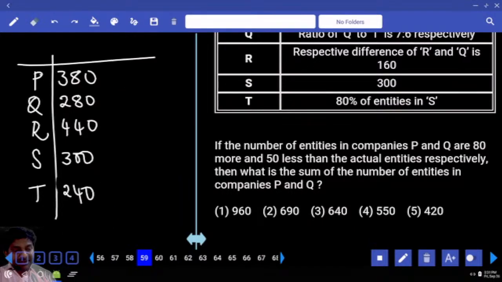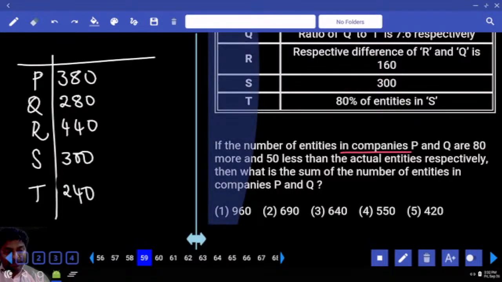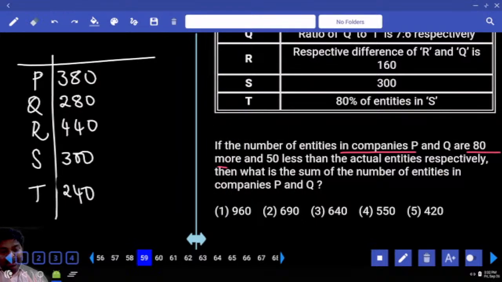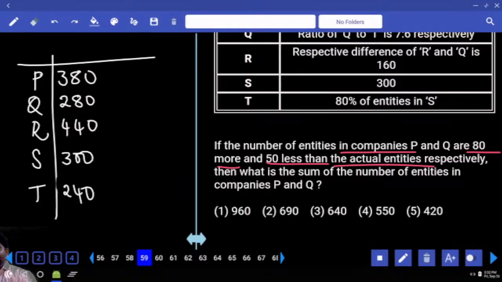If the number of entities in companies P and Q are 80 more and 50 less than the actual entities respectively, then what is the sum of number of entities in companies P and Q? Actual entities are 380 and 280.